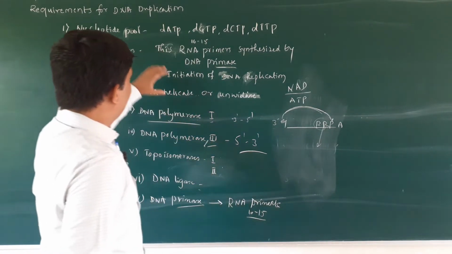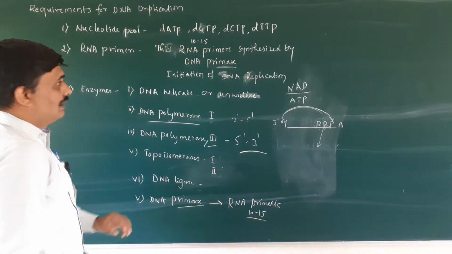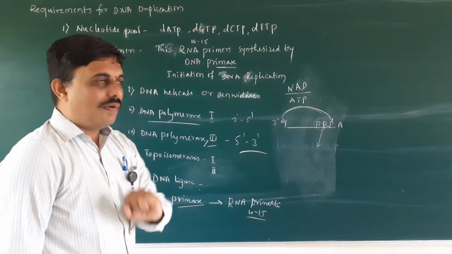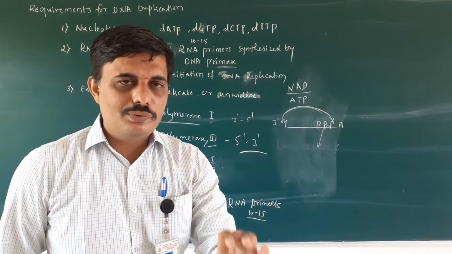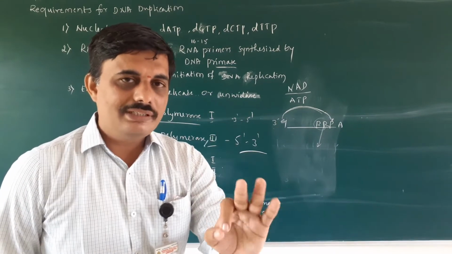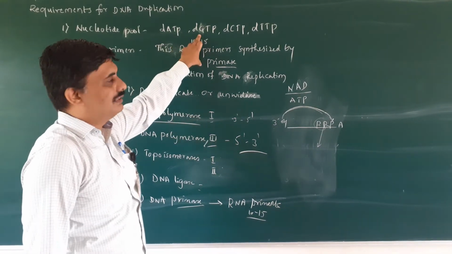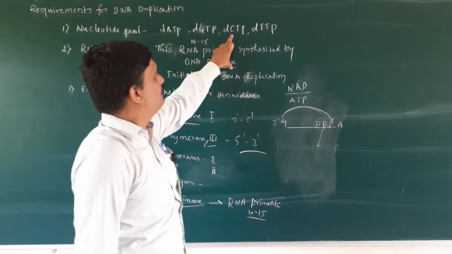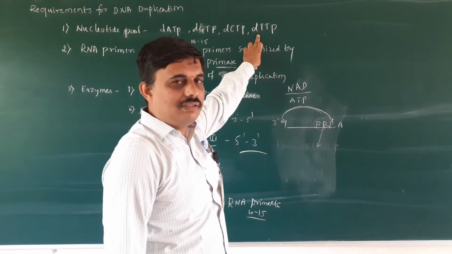So these are the requirements of DNA duplication. The DNA duplication requires the nucleotide pool. All four kinds of nucleotides are required: deoxyadenosine triphosphate, deoxyguanosine triphosphate, deoxycytosine triphosphate, deoxythymidine triphosphate.